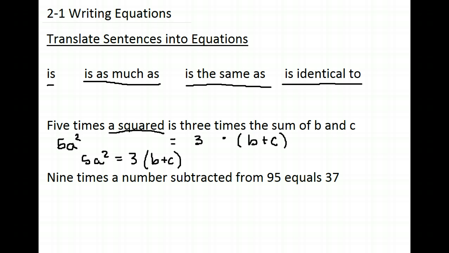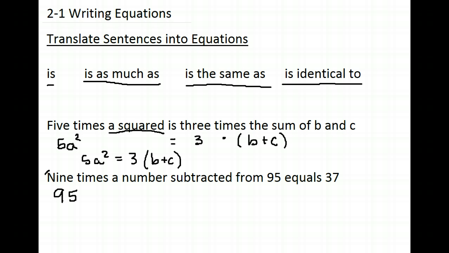Or do we start from 95 and subtract 9 times the number? We know we start with the 95 because 9 times a number is subtracted from the 95. So that tells us we're starting with 95 and we're taking away 9 times a number.